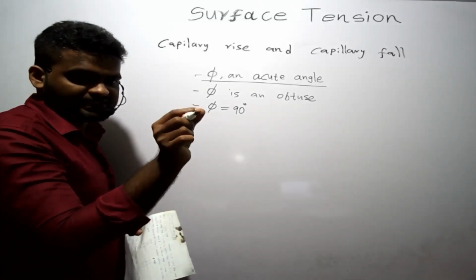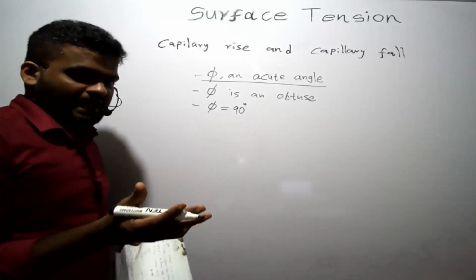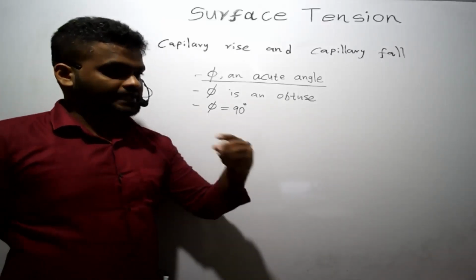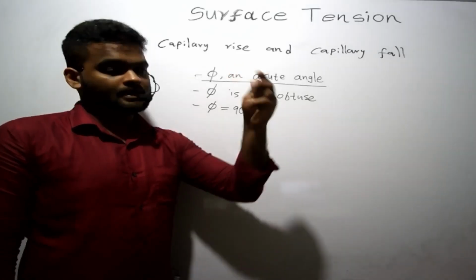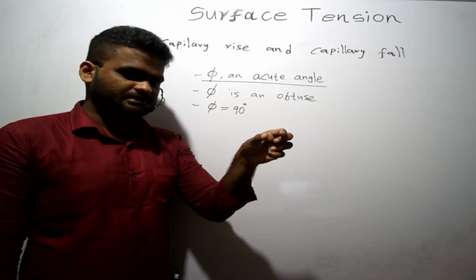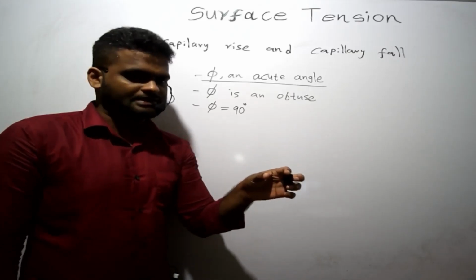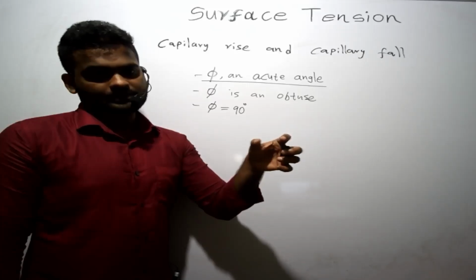Its internal radius is very thin. For other tubes it happens as well, but for a capillary tube there's a significant capillary rise. If the internal diameter is higher, capillary rise is not that visible, right? The thinner the pipe, the more visible the capillary rise or fall.